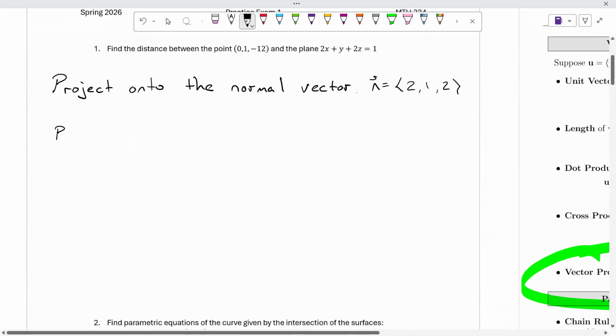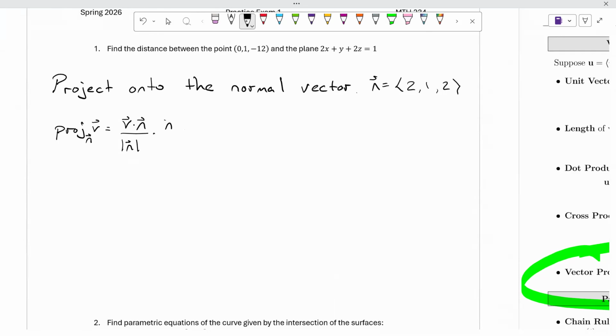So I'll start writing a few of those things down. The projection of v onto n is going to be v dot n over magnitude n, times n over magnitude n. That's our full projection formula.